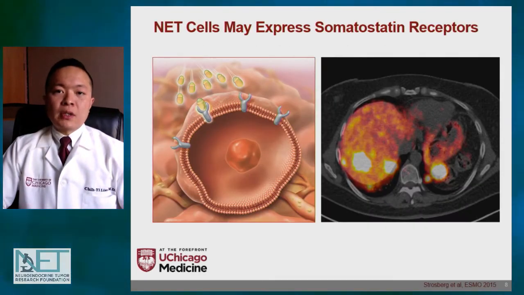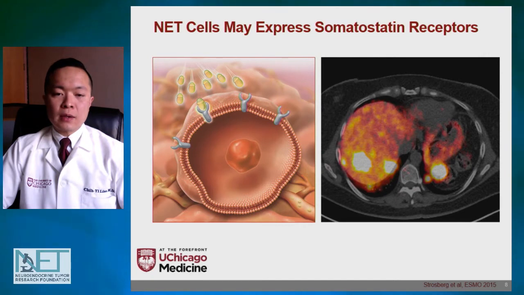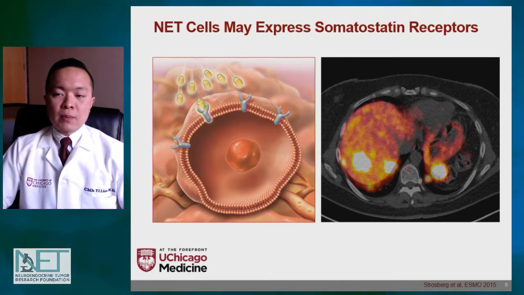Another key feature that I want to point out about neuroendocrine tumors is that many of them may express something called somatostatin receptors on the surface of the cells. On the left-hand side, there is a cartoon of a neuroendocrine tumor cell, and on the surface of the cell, there are these receptors shown in gray that are the somatostatin receptors.